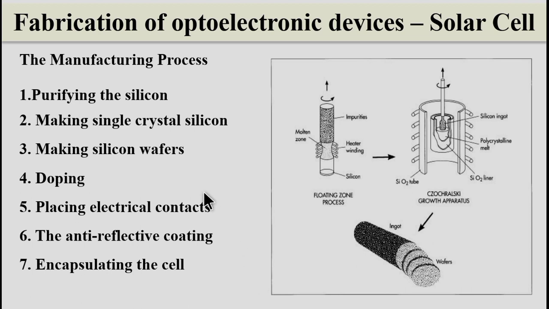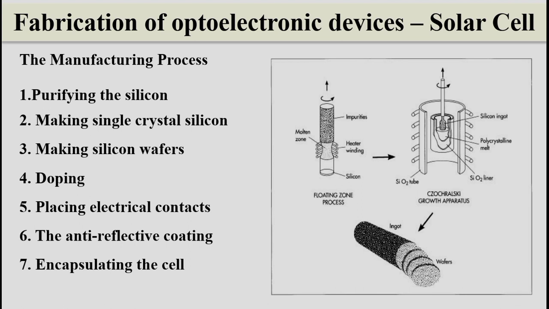In this process there are mainly seven steps: purifying the silicon, making single crystal silicon, where single crystal means the whole crystal has the same crystallographic parameters, that is the lattice constants or basis vectors a, b, c, the interfacial angles and the interplanar distance d, all equal in the whole crystal system; making silicon wafers, then doping, then placing electrical contacts, then anti-reflective coating, and encapsulating the cell.